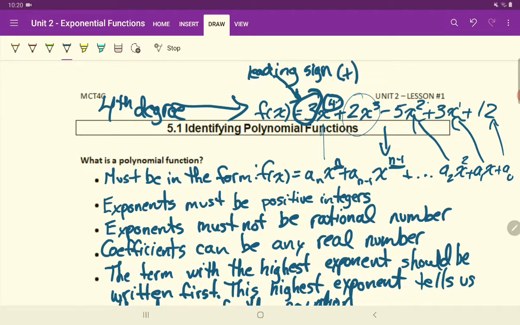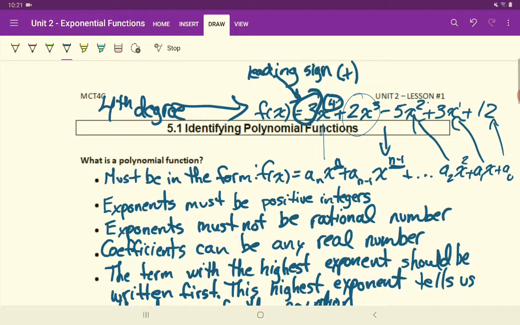Okay, so you look at the first term that has the highest degree, whatever that sign is, okay, that actually determines the direction of the polynomial function, whether it opens up or down, or if it goes up left to right, or down left to right. Okay, so that's another important factor, is the leading sign tells us some information.